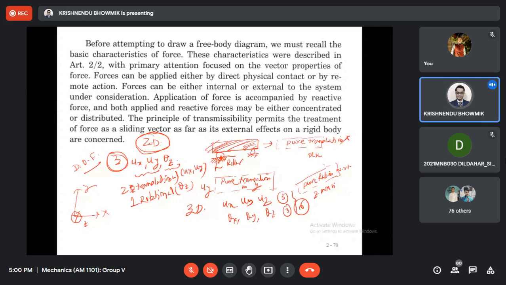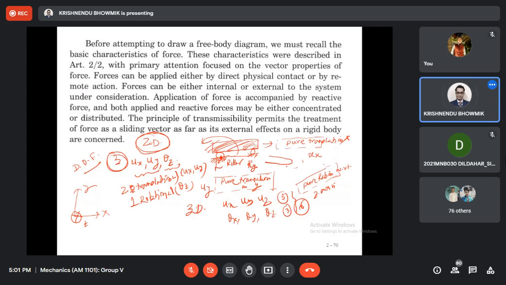That means it will allow movement in the x direction, as well as it will allow some rotation here, rotation like this. That's why here the reaction force will be 1, which I represent as reaction force Ry.